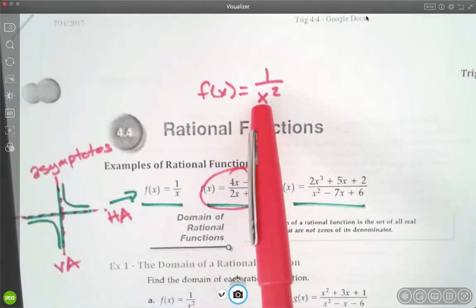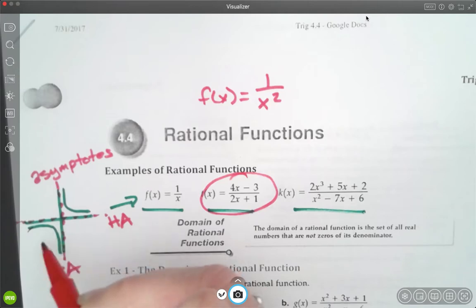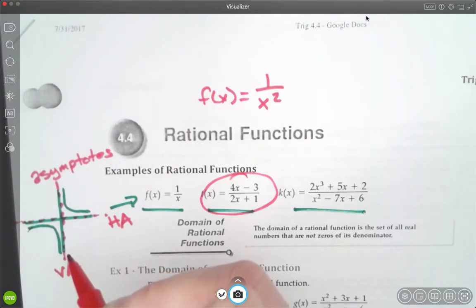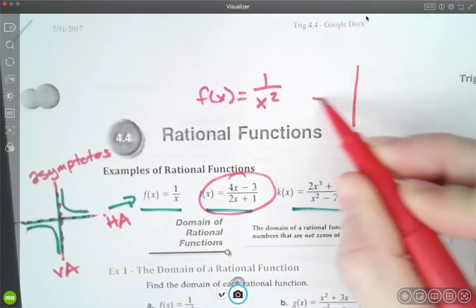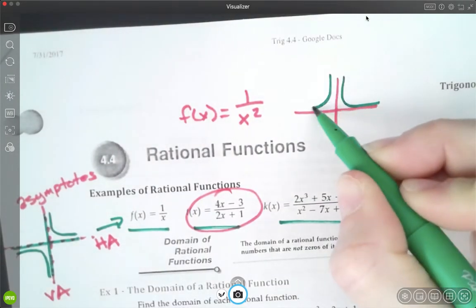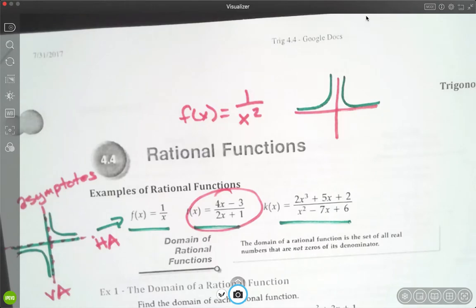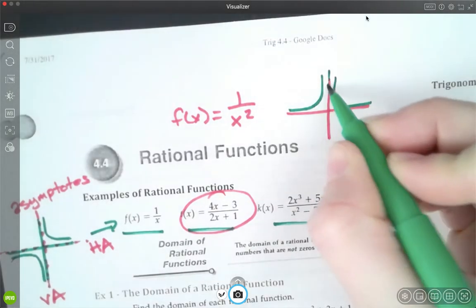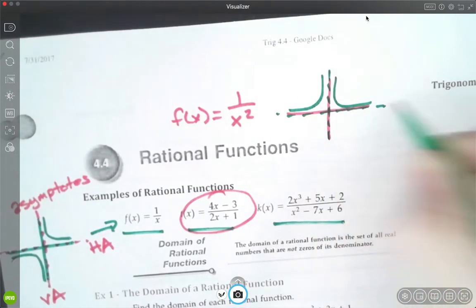So this part down here is not going to exist, but he's going to be flipped up the other direction, so he will look like this. That's what 1 over x squared looks like. Because we square him, he can't be negative, so this part just flips up there. Does that make sense? He still has a VA and still has an HA, but he will look like that.